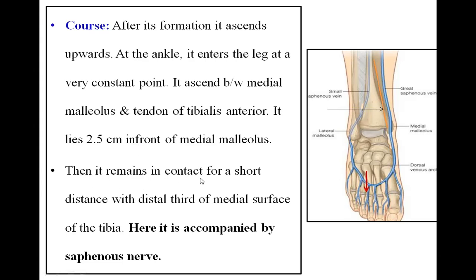Then it remains in contact for a short distance with the distal third of the medial surface of the tibia. And here it is accompanied by the saphenous nerve. This relation is clinically very important. So in the beginning, it is accompanied by the saphenous nerve.